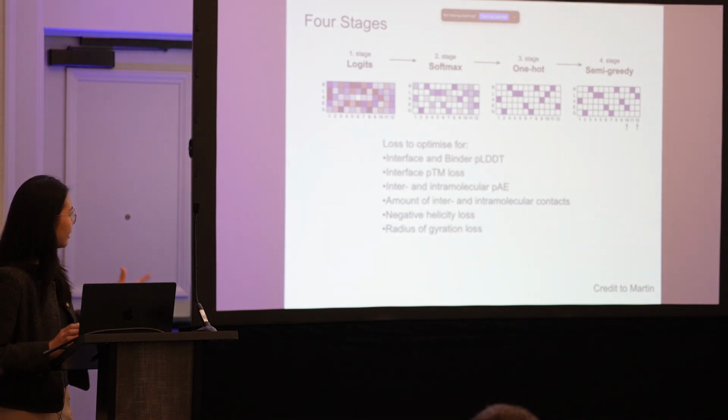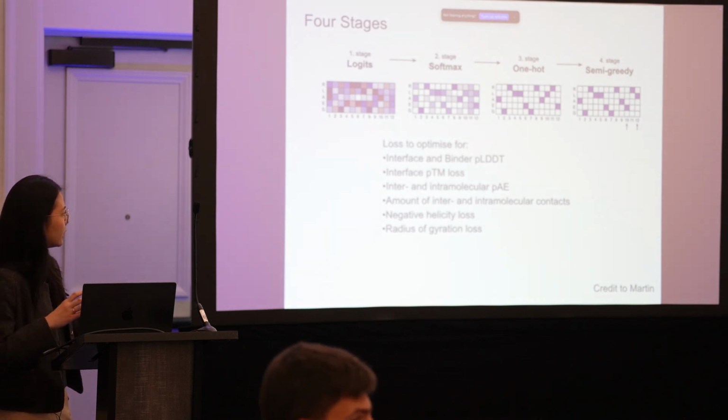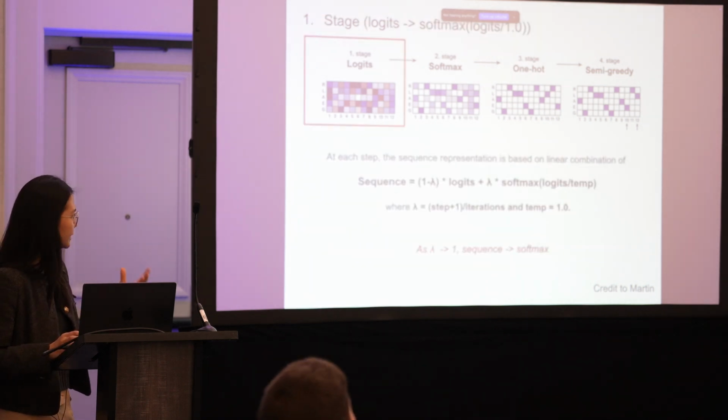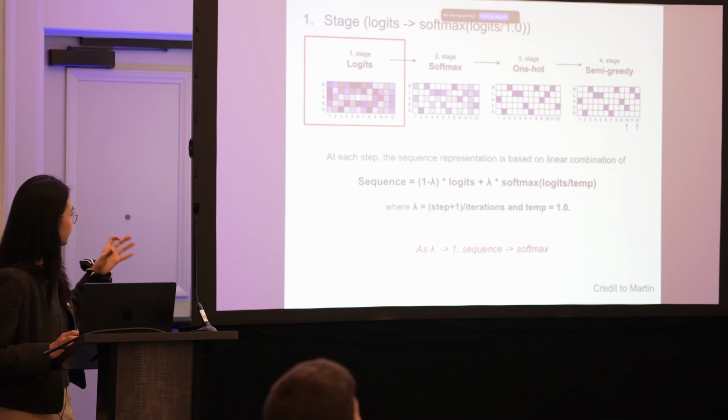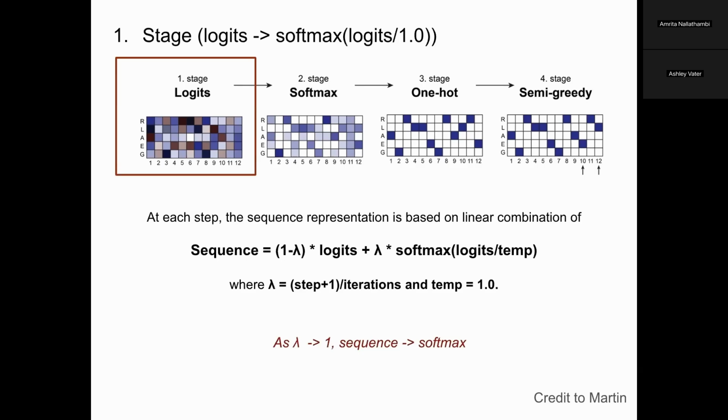So they give as much freedom as possible in the first few stages by running it through the soft logits space and the softmax stage, and then make things one-hot encoded, and after that make some mutations to really optimize the structure and sequence. The first stage starts from the logits and changes them smoothly to the softmax sequence.